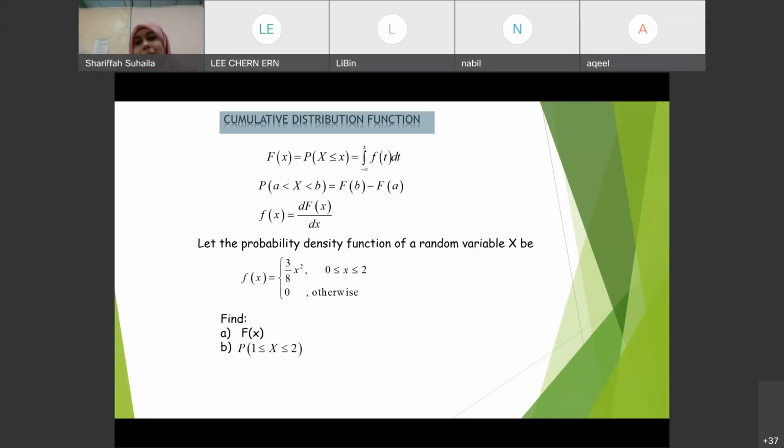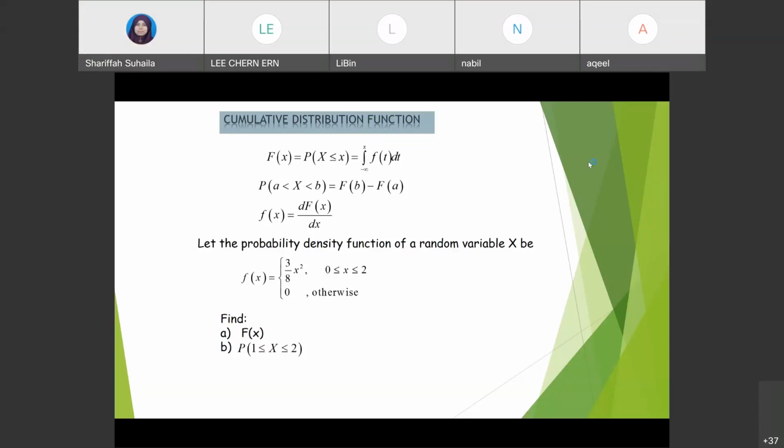So there is a step by step lah how you want to solve for cumulative distribution function. So here kita ada F, okay, simbol yang sama. So you will have your capital F(x), probability X less than or equal to x, which means that you will integrate from minus infinity up to x f(t) dt.